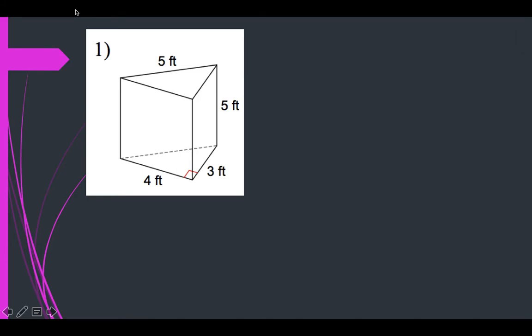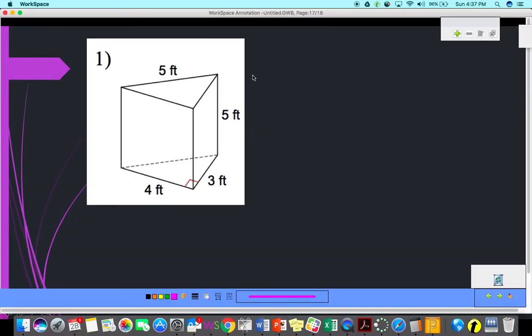So when I look at this shape, the first thing we need to consider is what shape is the base. If we're going to use this formula, volume equals capital BH, where capital B is the base area, I need to calculate the base area, which means I need to know what the base is.